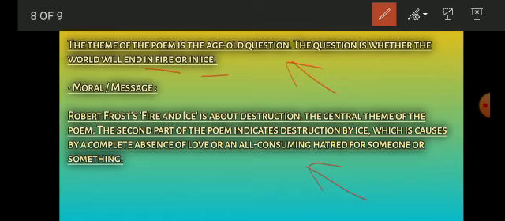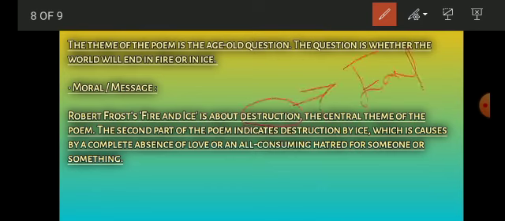And let us see the moral or the message the poem gives to its readers. Robert Frost's Fire and Ice is about destruction, the central theme of the poem. The second part of the poem indicates destruction by ice, which is caused by a complete absence of love or all-consuming hatred for someone or something. As I said, the moral of this poem is that it talks about the destruction of the earth.